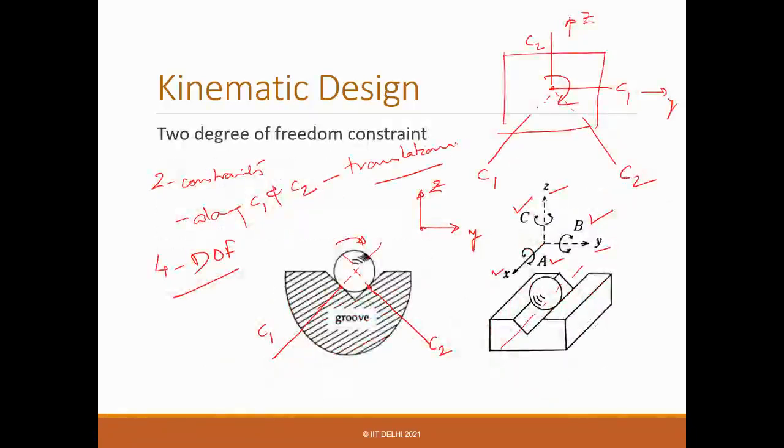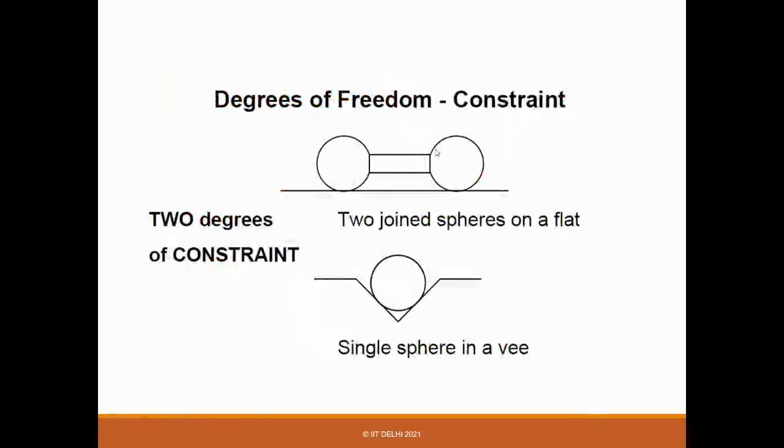So there are two ways to constrain 2 degrees of freedom, but they constrain differently. Two joined spheres on a flat, a dumbbell, or one single sphere in a V. They also provide a two DOF constraint, or two constraints.